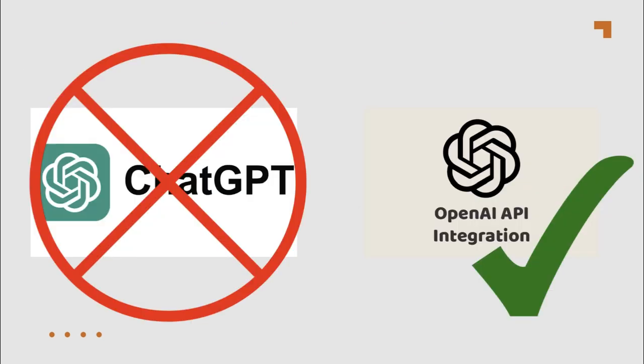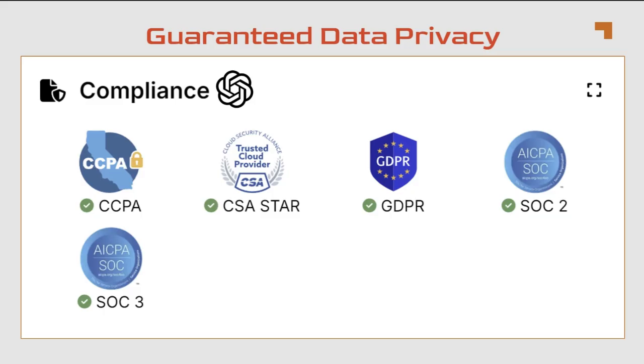To clarify, we aren't using OpenAI's public GenAI service ChatGPT, but rather a secure, enterprise-oriented API that employs the GPT-4o Mini LLM. Before switching from Llama to GPT, we ensured that this OpenAI API is compliant with the prevailing security and privacy standards.